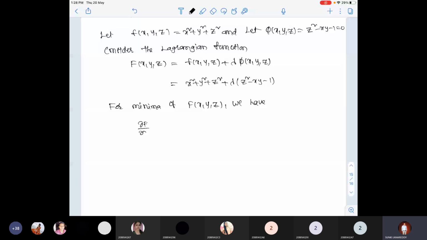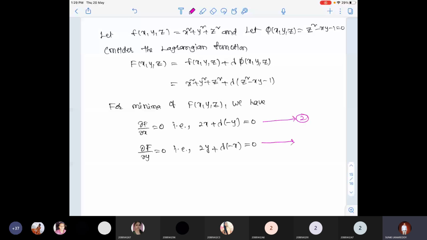The value is 2x minus lambda y, that is 2x plus lambda into minus y equals 0. Take this as equation number 2. Next, ∂F/∂y = 0, that is 2y plus lambda into minus x equals 0. Take this as equation number 3.